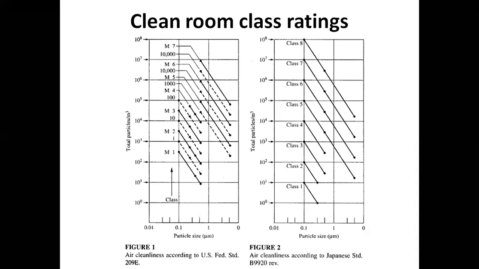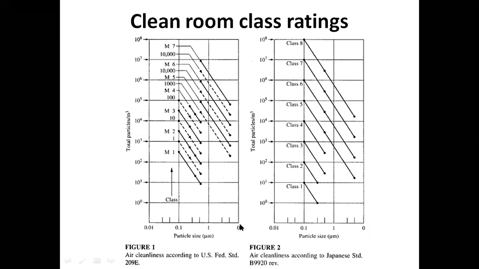And normally we also use the terminology which we already discussed: 10,000 class, 1,000 class, 100 class, 10 class, 1 class. And we also use that terminology for the clean room rating. And the horizontal axis is the particle size, 0.01, 0.1, 1.